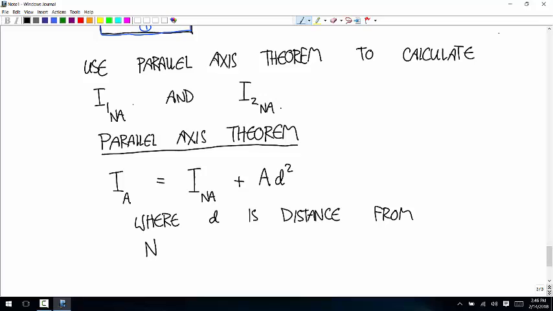Yep, from the neutral axis to this new axis.